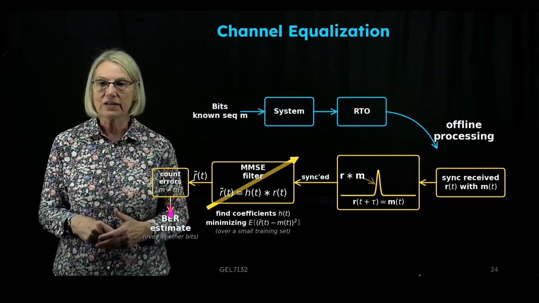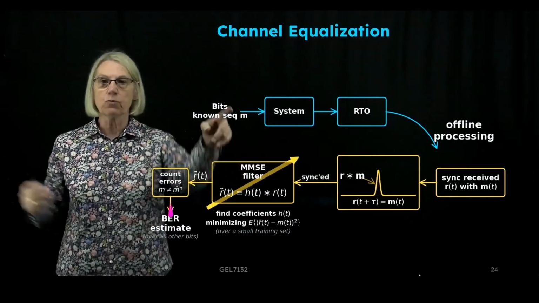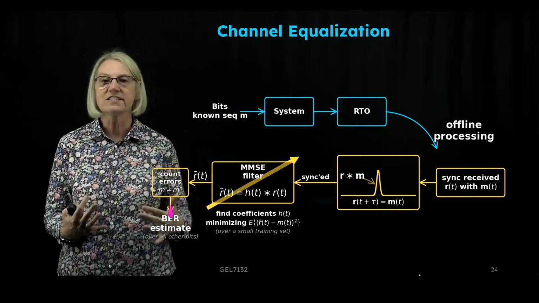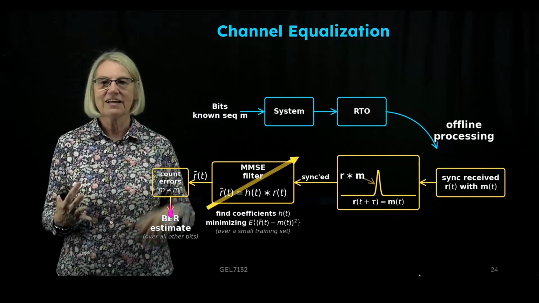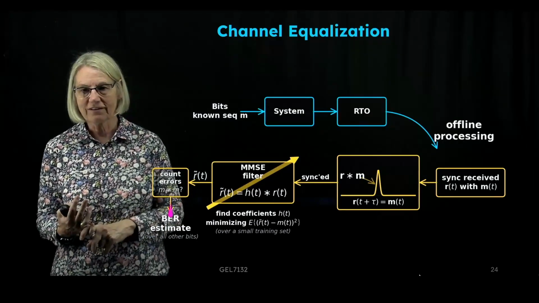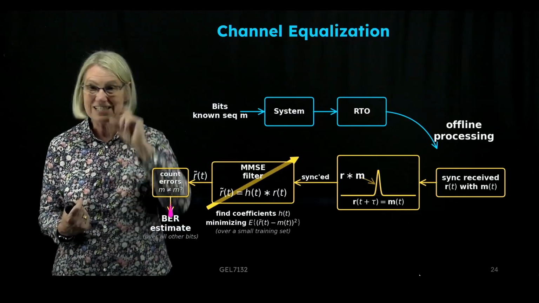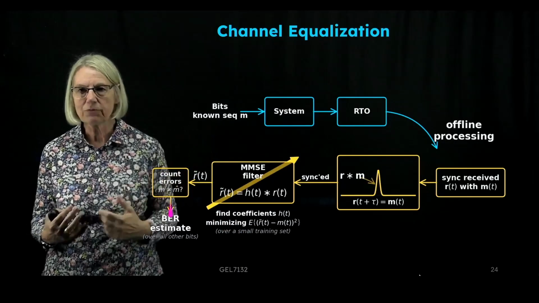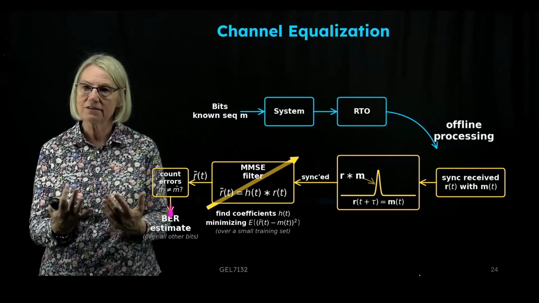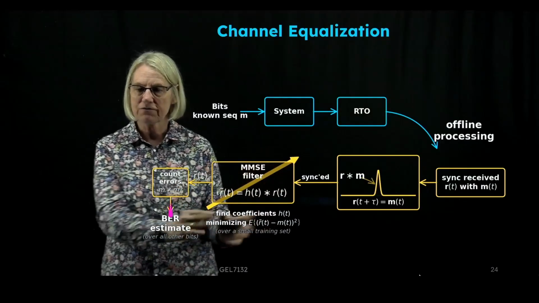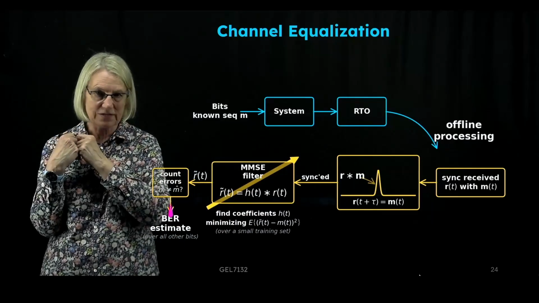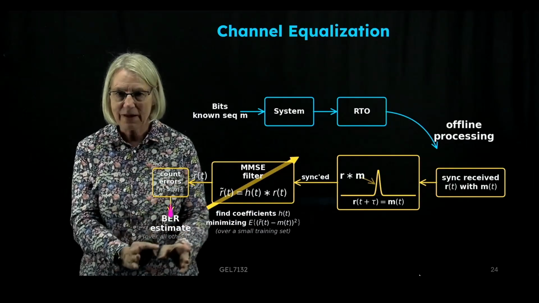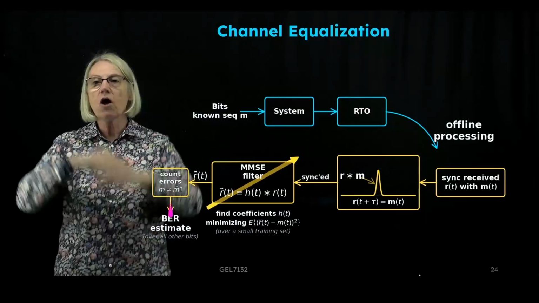I don't necessarily need complete knowledge of what was transmitted in order to create this estimate of the channel and then put in these filter coefficients. I could instead use some small portion of my knowledge that would imitate a training sequence, and find the coefficients based on just the training sequence. And then I could estimate the bit error rate over all the other bits.